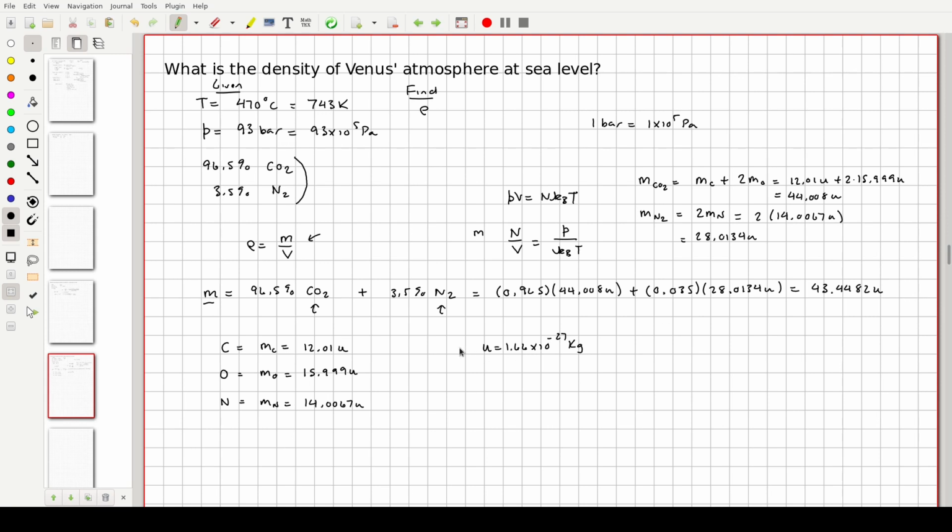Let's not forget that one atomic mass unit is this. So this is our mass, the average mass of an atmosphere particle, if you want to think of it like that.